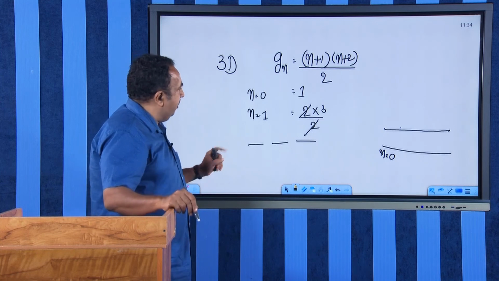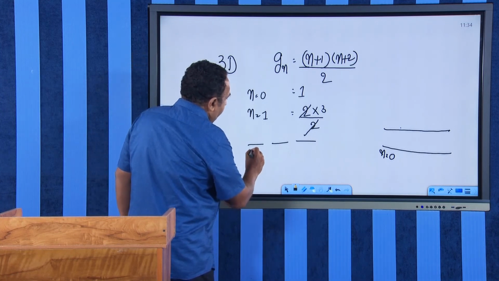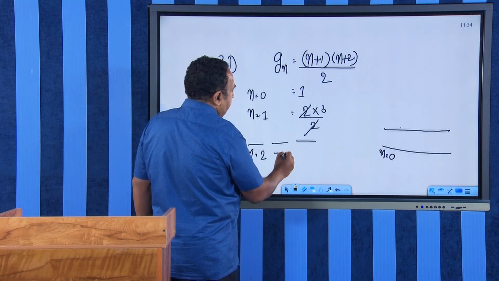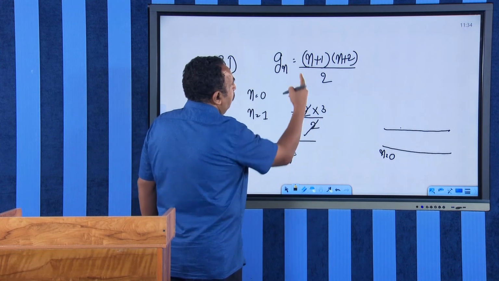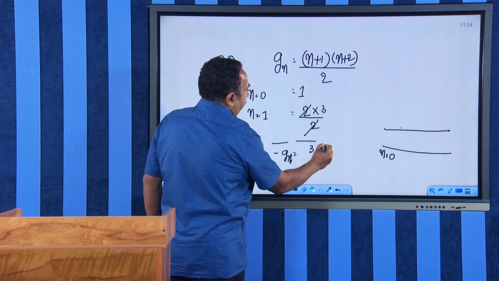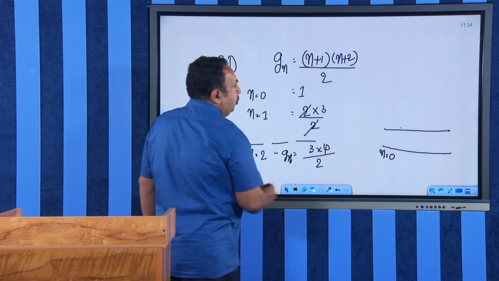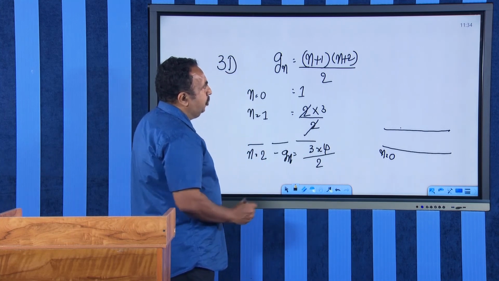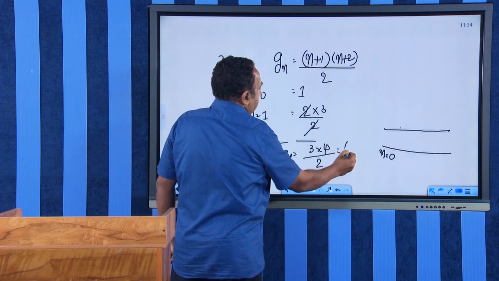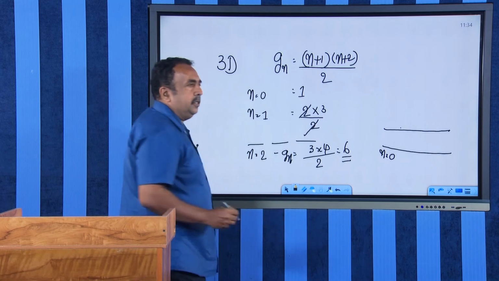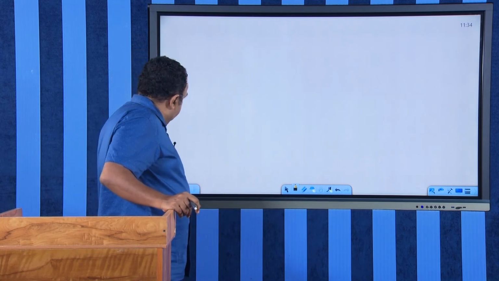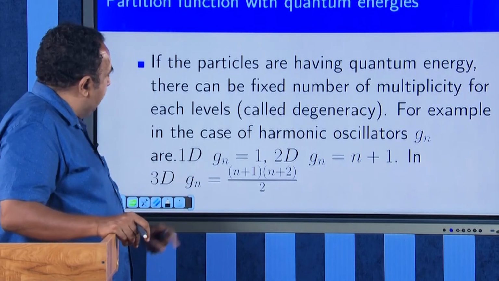For n equal to 2, the degeneracy is 2 plus 1, which is 3, times 2 plus 2, which is 4, so 3 into 4 divided by 2, which is 6. This level is 6 times degenerate.